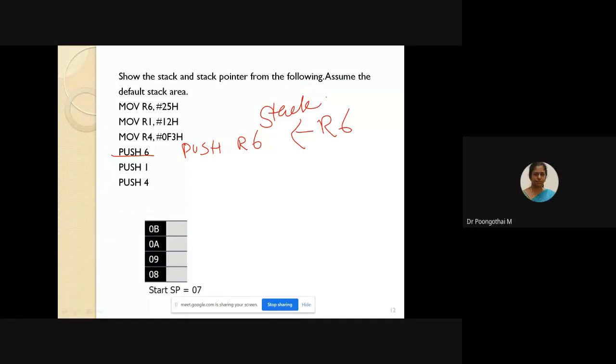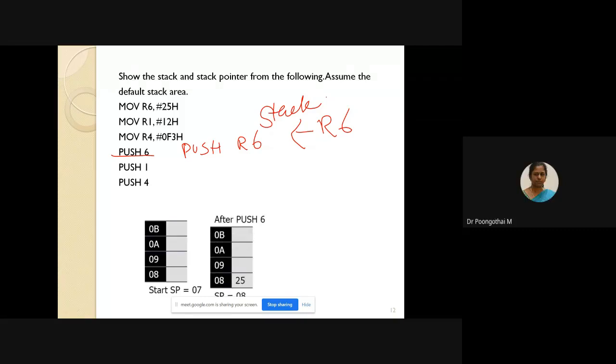Okay. Initially the stack pointer is pointing to 07. So after execution of push 6, which memory location is your stack pointer pointing to? 08, ma'am. What data is pushed into the stack memory? 25H. After execution, what will be the content of 08? 25H, ma'am. Yes, 25H.